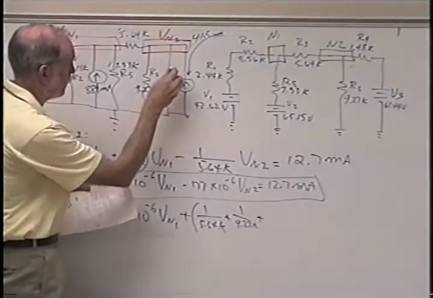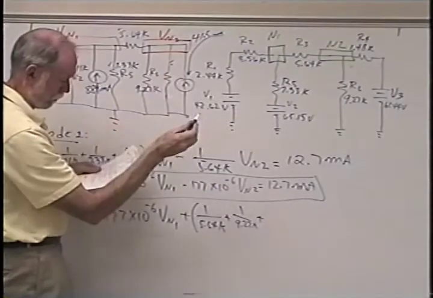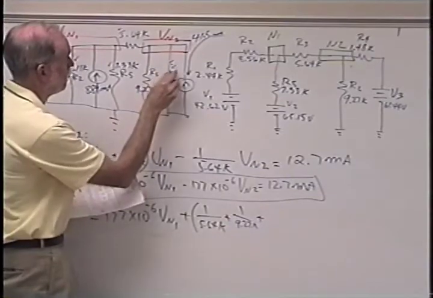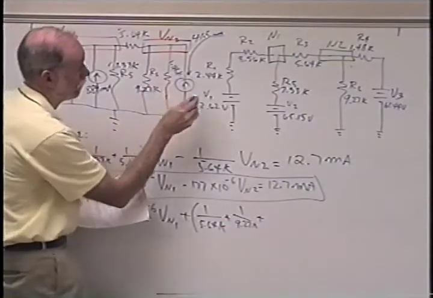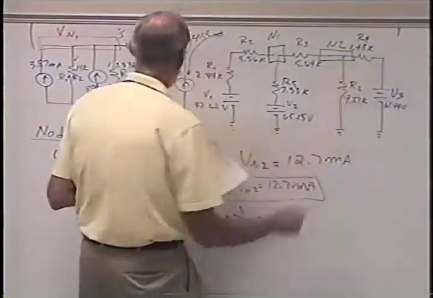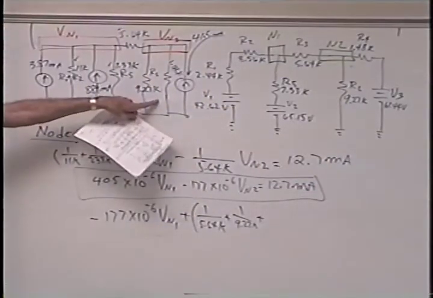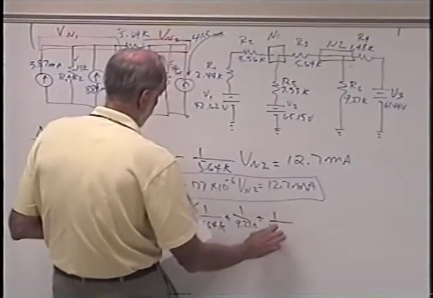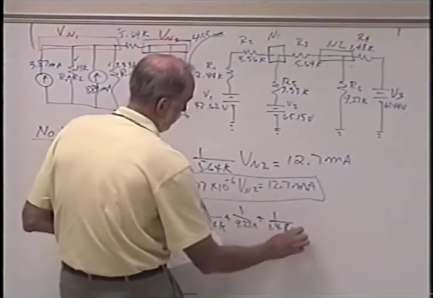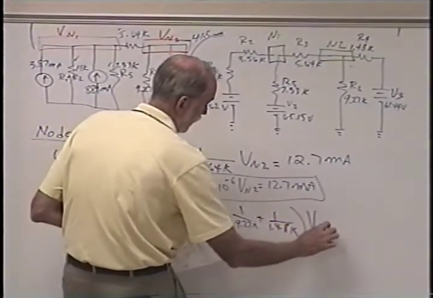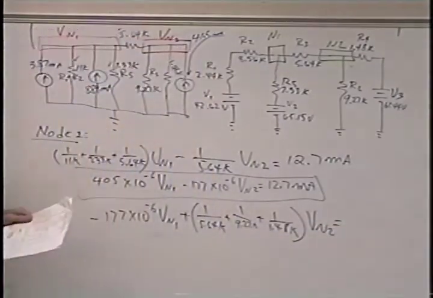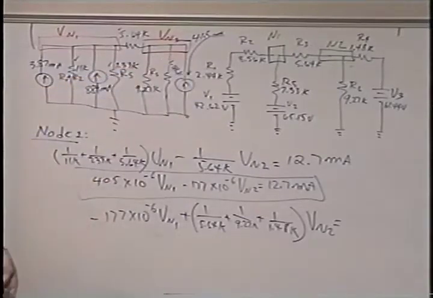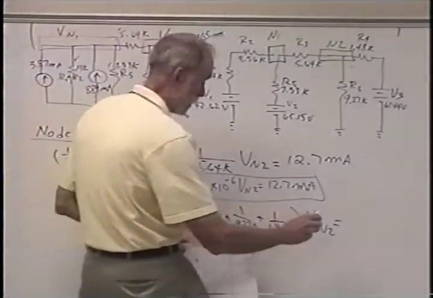This value here is 1.48K. Yeah, 1.48K. I wrote that down just wrong to start with. So 1 over 1.48K times the voltage at node 2 equals, there's only one current entering node 2, and that's the 41.5 milliamps, so that'll be the right-hand side.